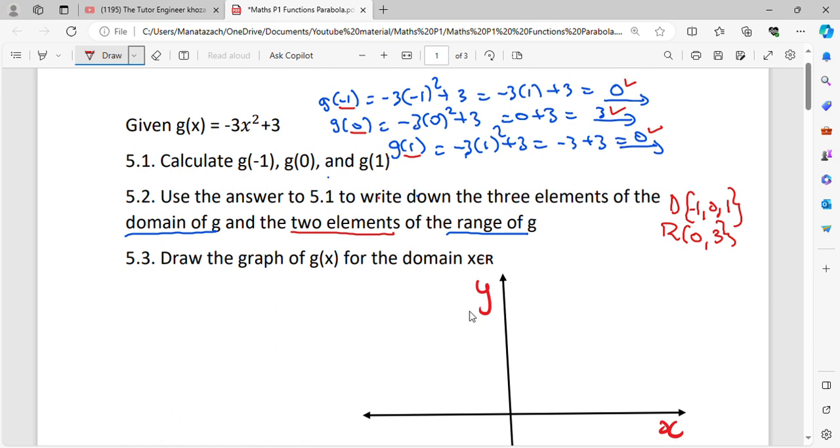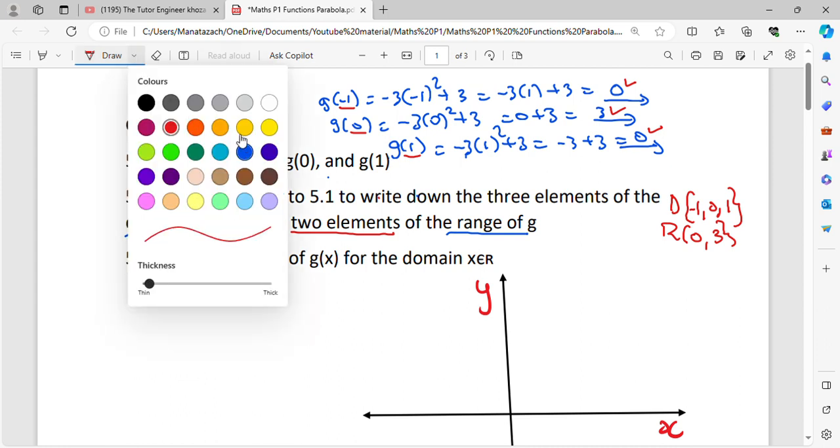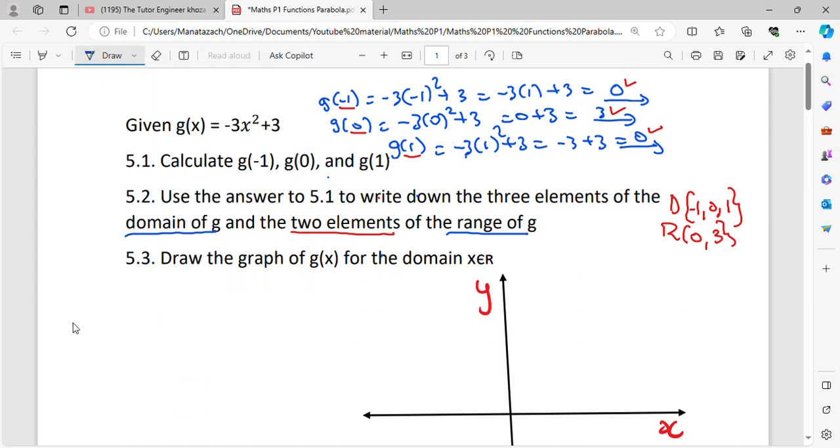Okay, to draw a graph, you must ensure that you have your x-intercept and your y-intercept. So let's start with the x-intercept. We'll easily set y equals 0, and then we solve for x, right, to get the x-intercept.